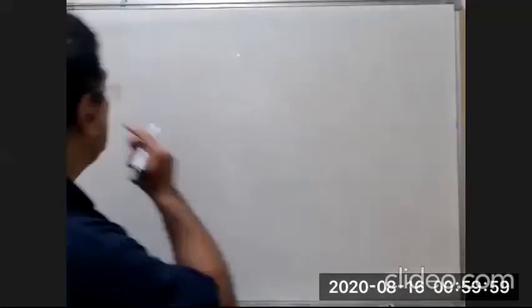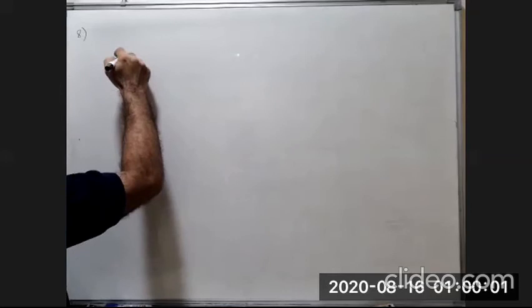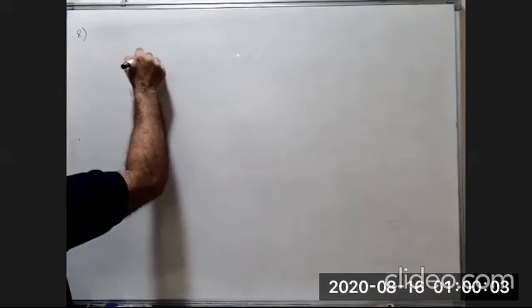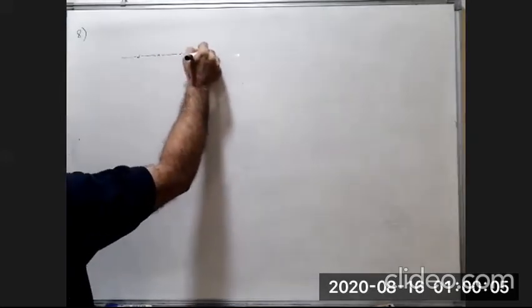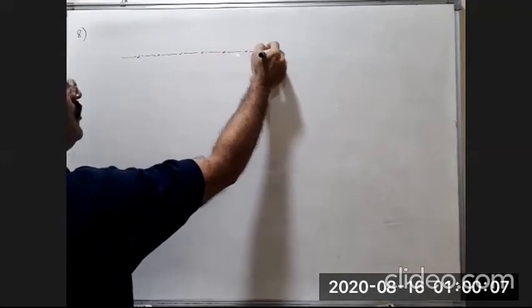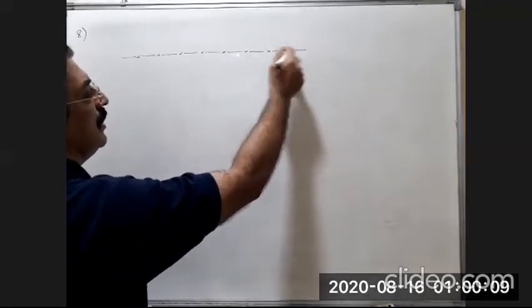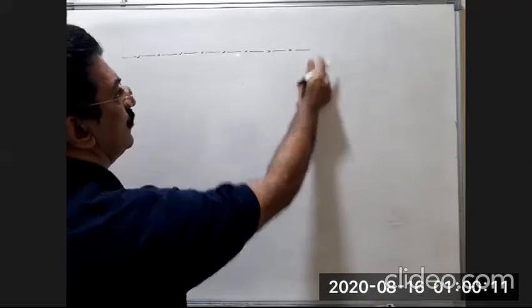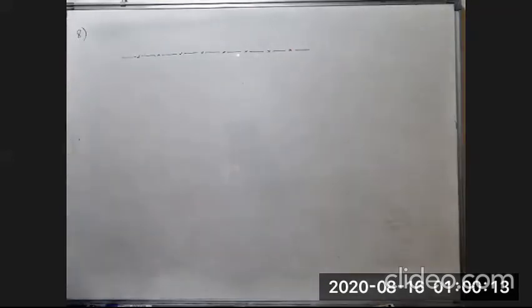Even places means in all we have 1, 2, 3, 4, 5, 6, 7, 8, 9. In this one, we have 5 men and 4 women.